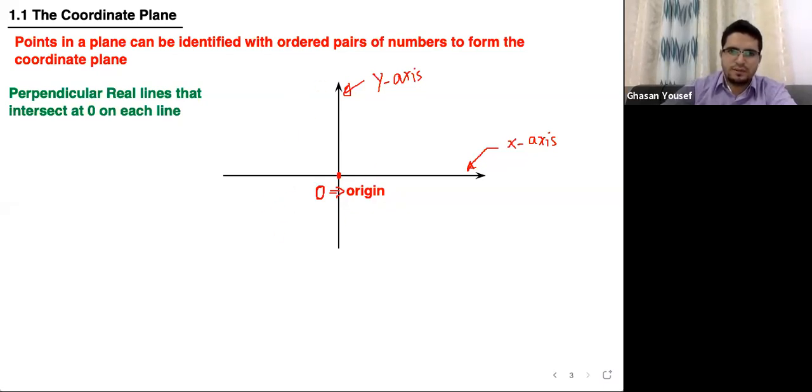I can denote them like this: the first quadrant is called I, here is II, here is III, and the fourth quadrant is IV.